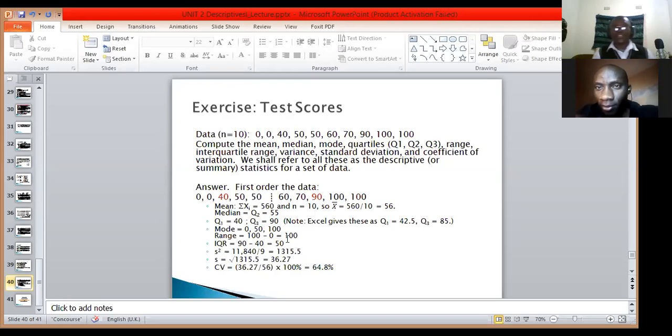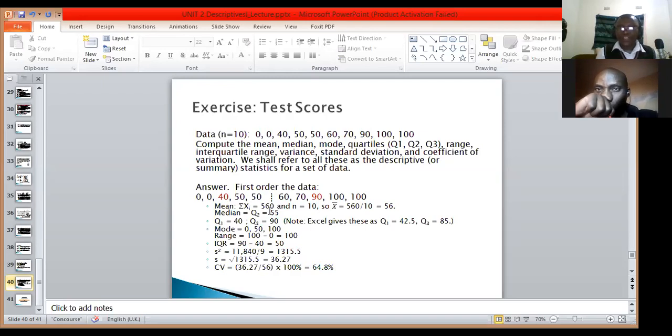So let's first find our mean. We said mean is equal to the total of the samples divided by the number of samples. We add 0 plus 0 plus 40, everything here, and we get 560.